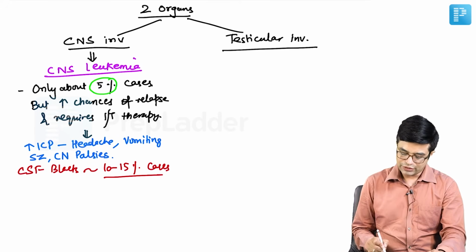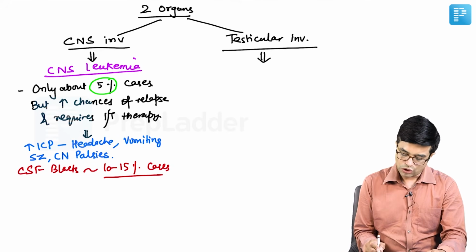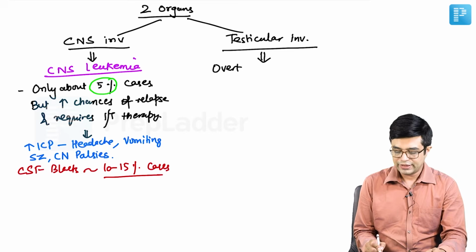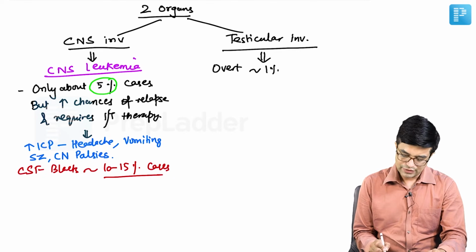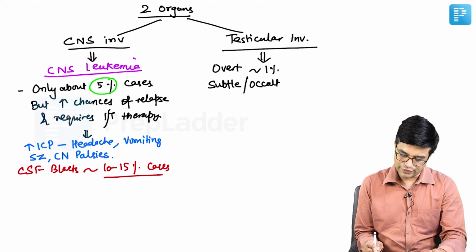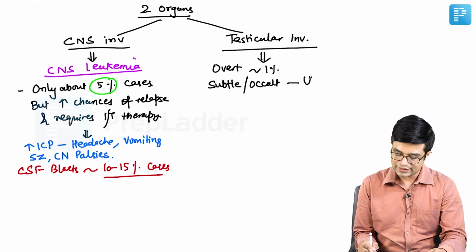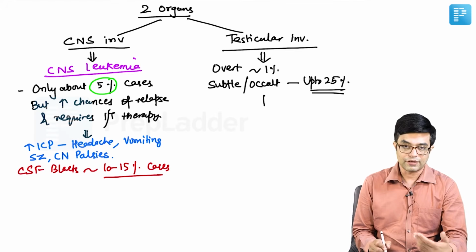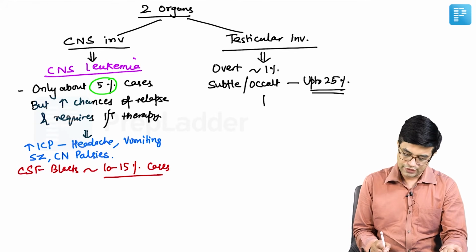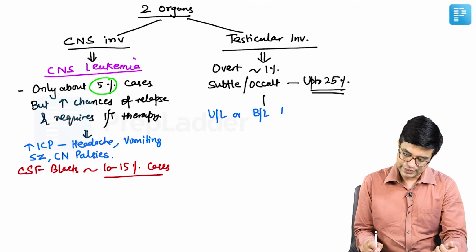On the other hand, overt testicular involvement is seen in only 1% cases, but subtle occult testicular involvement can be seen in as high as up to 25% patients. Testicular involvement will have the manifestation of unilateral or bilateral testicular masses.